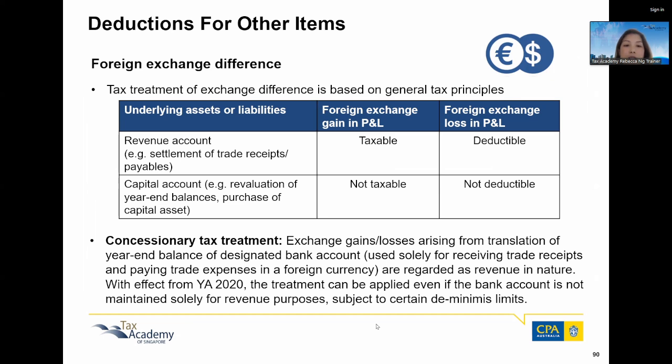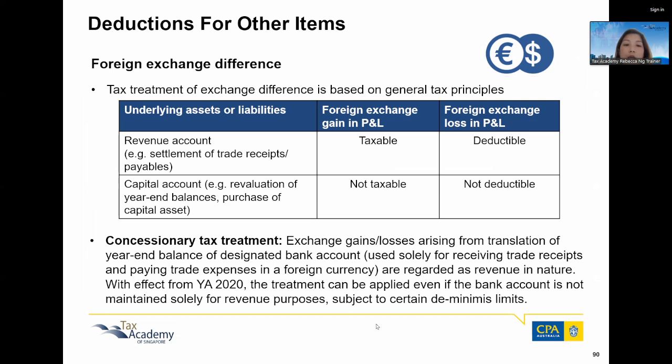But in order to qualify for deduction, you have to follow the de minimis limit. The de minimis limit spells out, I think, the quantum of the amount in the bank account.